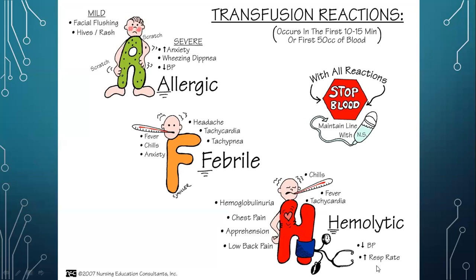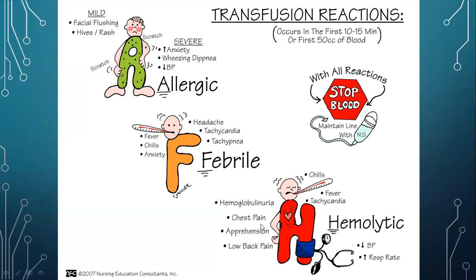Hemoglobin or red blood cells carry oxygen, so with less oxygen, the patient feels shortness of breath, and also hemoglobinuria. When red blood cells break down, hemoglobin comes out of the cell and passes through the urine, and when hemoglobin is present in urine, we call it hemoglobinuria. The patient complains of chest pain and also low back pain.